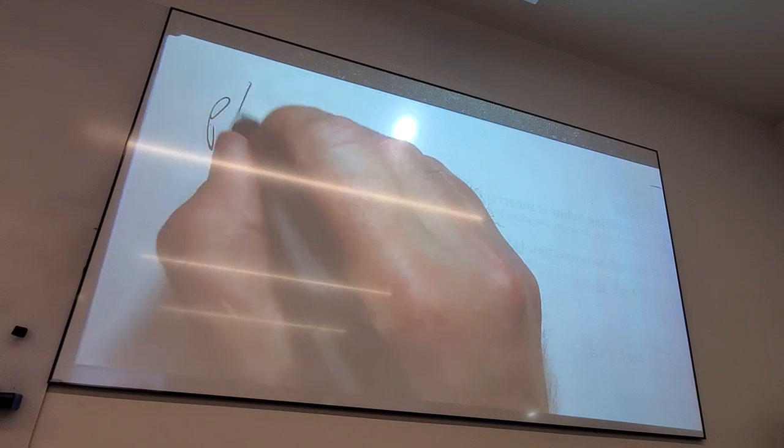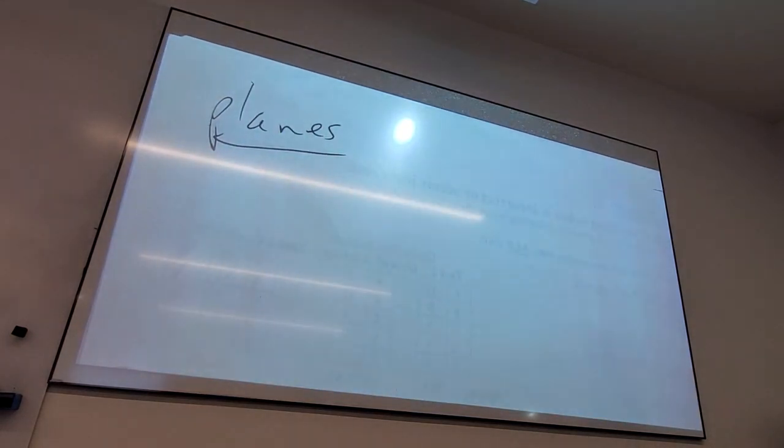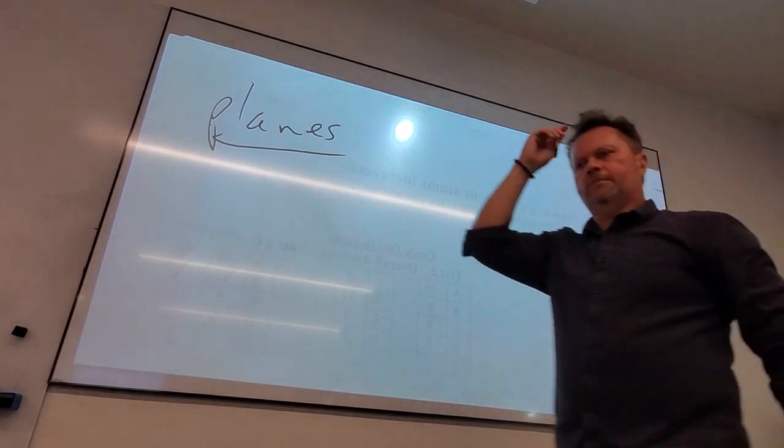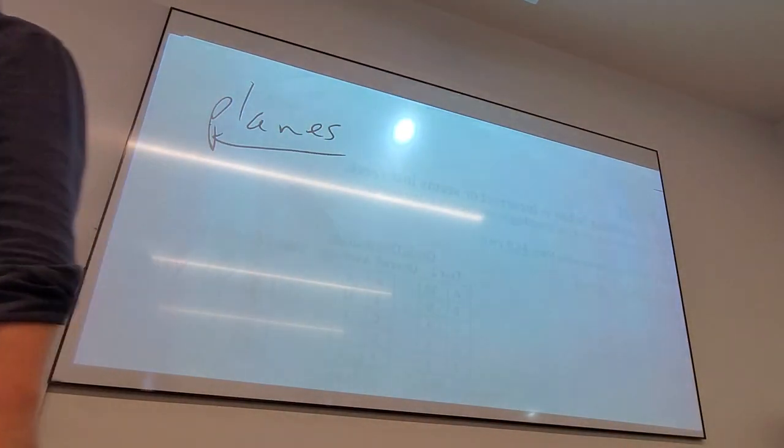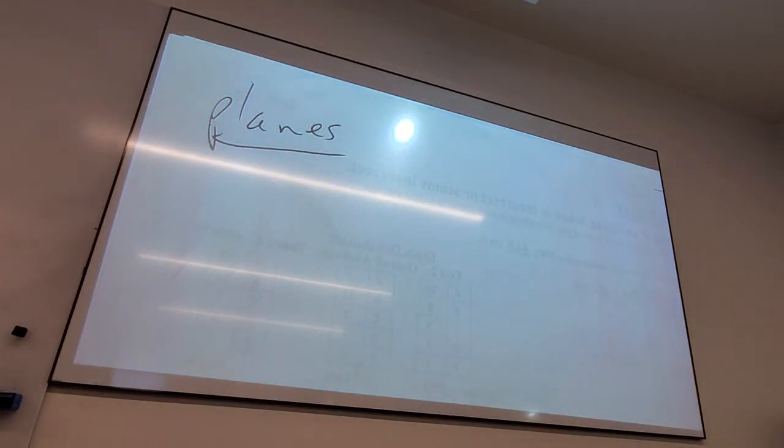Where we're about to go is we're going to get into planes. Could everybody real quick take your writing utensil and put it perpendicular to your desk? All the vectors that are perpendicular to your writing utensil vector, where do they live? In the desk plane, yes?